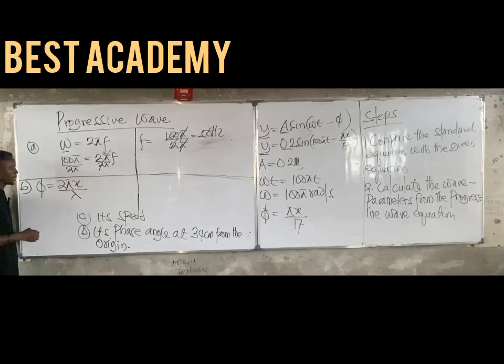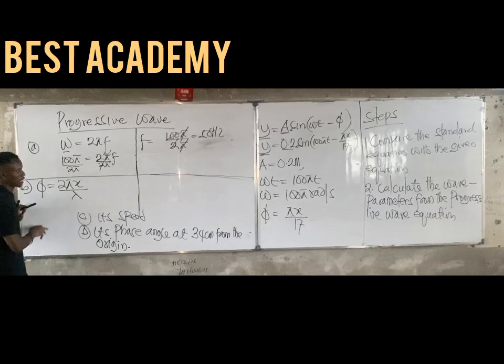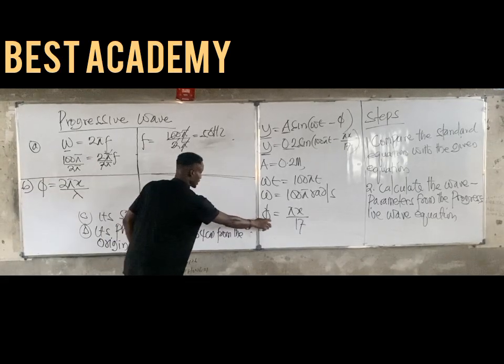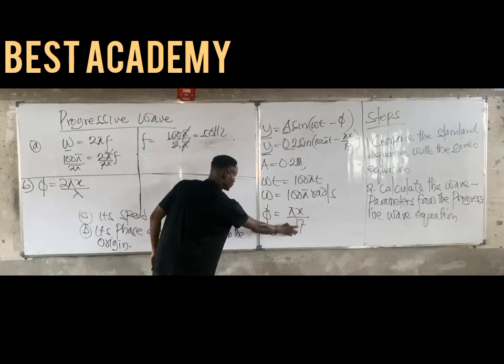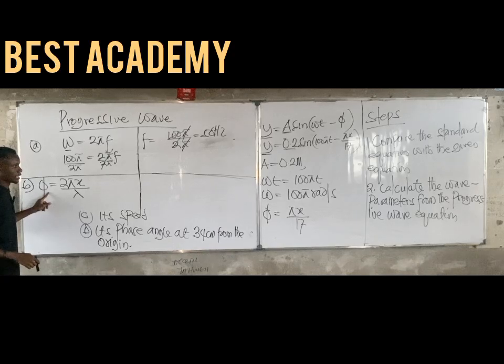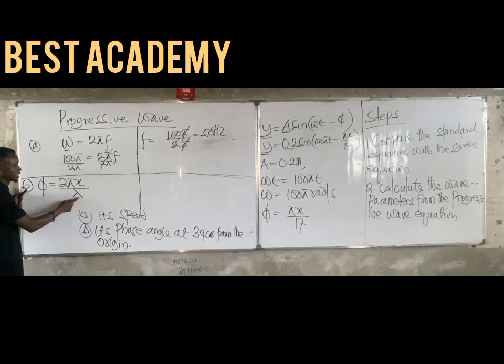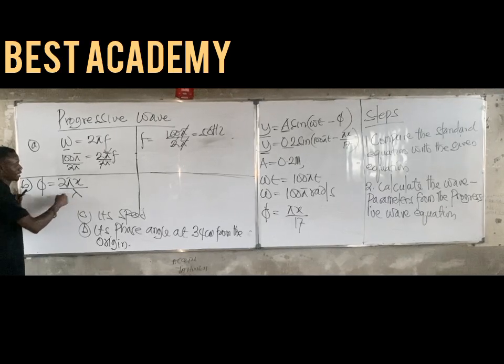Lambda. Okay. Now, what does it mean here? It means that I have to compare this guy. This phase angle is already given to us here. That's what? Pi s over what? 17. Anywhere I see phase angle, I replace this to be what, class? Pi s over what? 17. And this is s also. And this is our what? Lambda. Remember, the lambda here represents what? Wavelength. So let's replace.